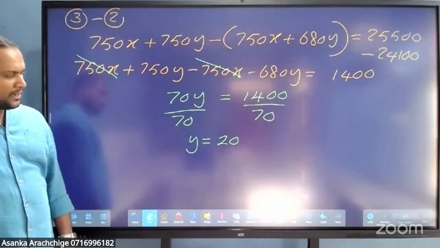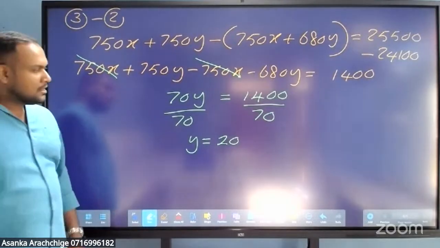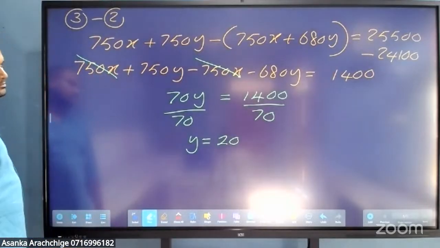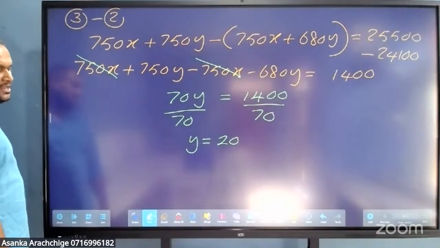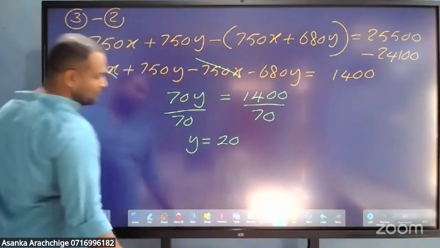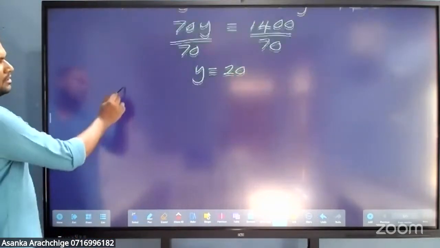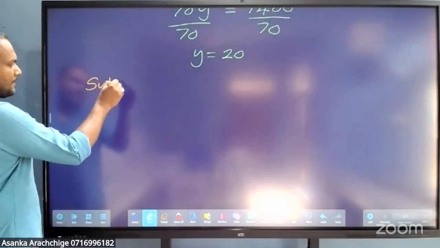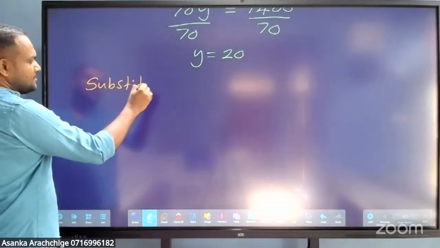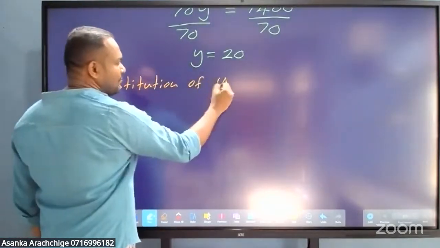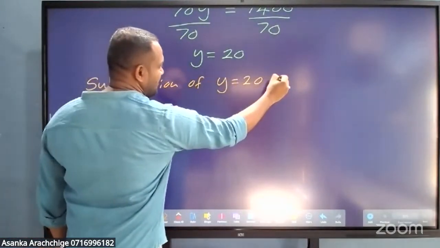Then from this you can find the value of x. Substitution of y equals 20 in 1.